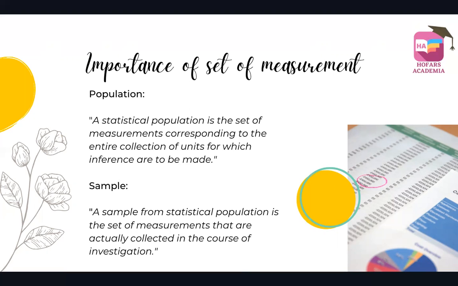It said that a statistical population is the set of measurements or records of some qualitative trait corresponding to the entire collection of units for which inferences are to be made. Similarly, for sample, they said that a sample from a statistical population is the set of measurements that are actually collected in the course of investigation.